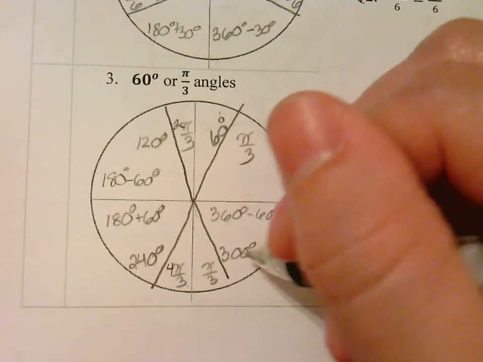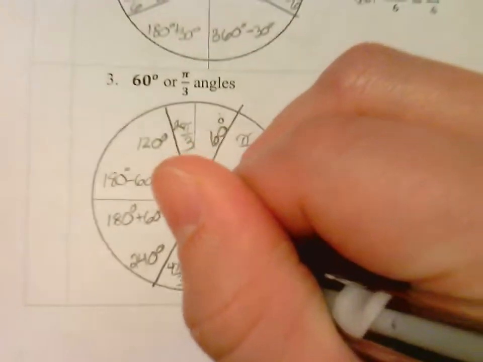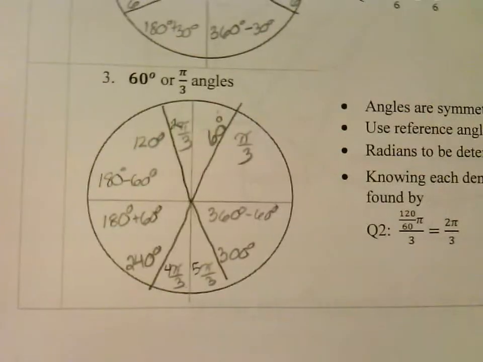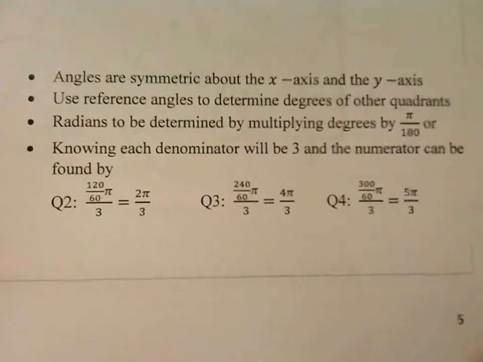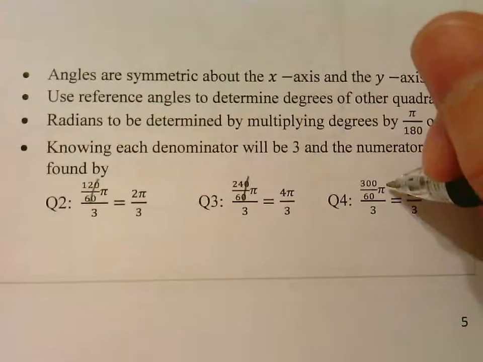Yes, 6. 30 divided by 6 is 5. So again, this is all you're doing. Here's quadrant 2, here's quadrant 3, and there's quadrant 4.